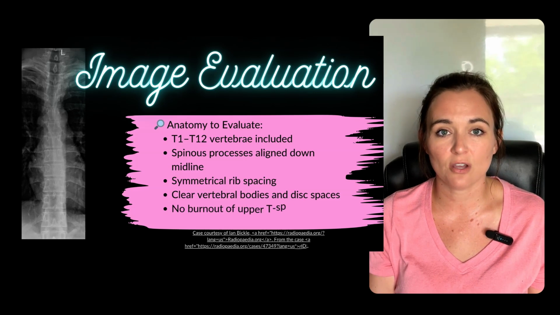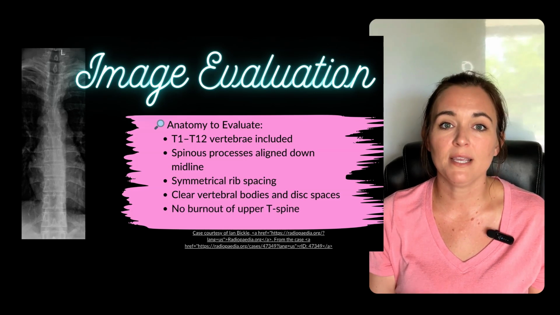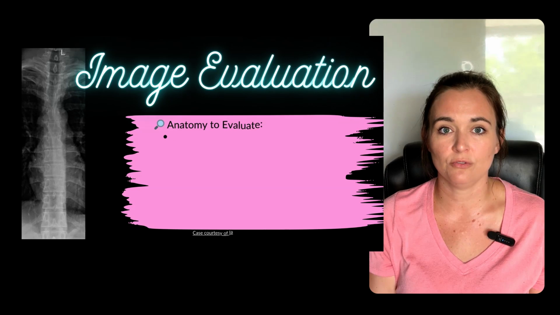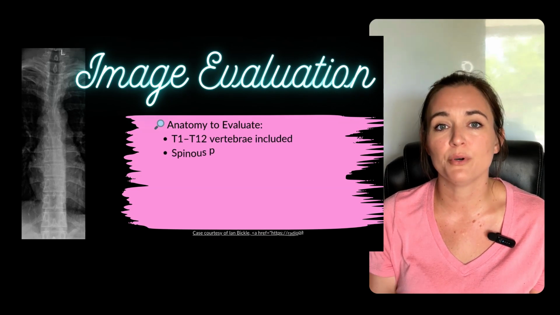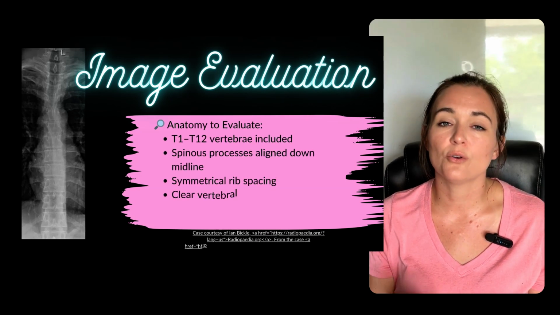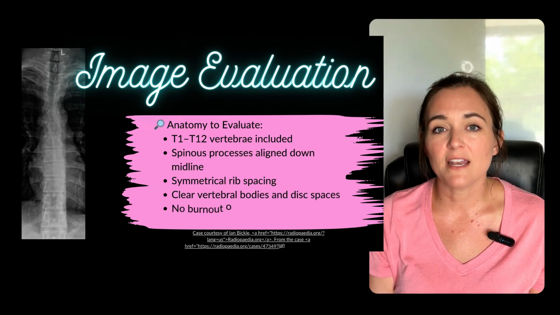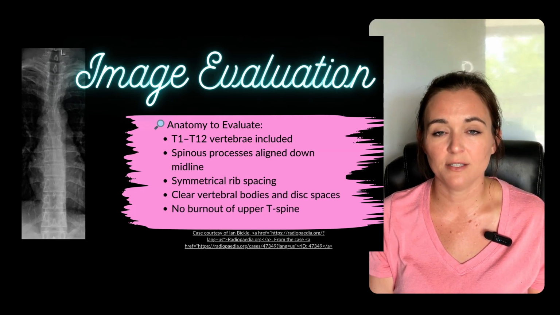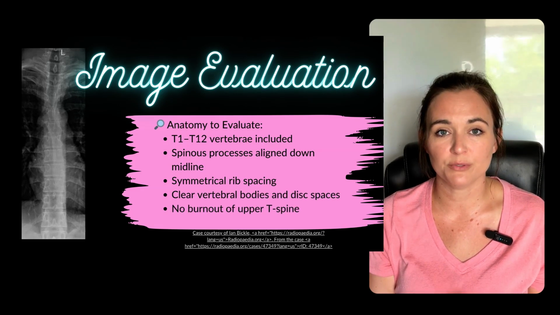If they're rotated off-center, your patient might not have been lying straight. Ribs should appear symmetrical and evenly spaced on both sides. There should be no distortion of the heart or mediastinum. If that anatomy is overlapping badly, your patient might have been rotated.